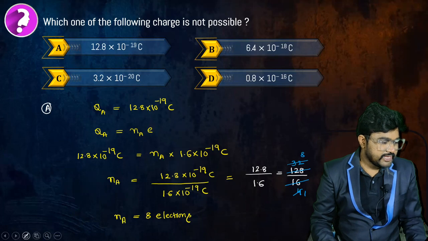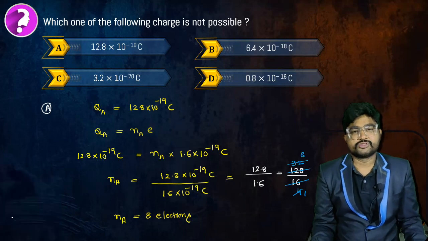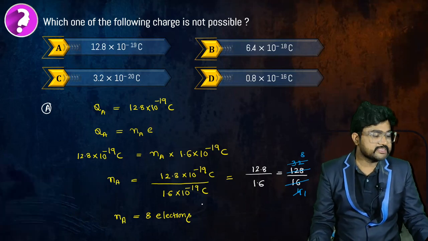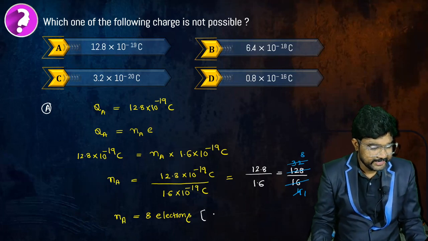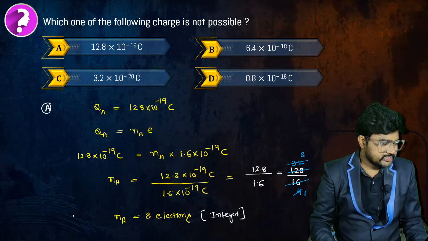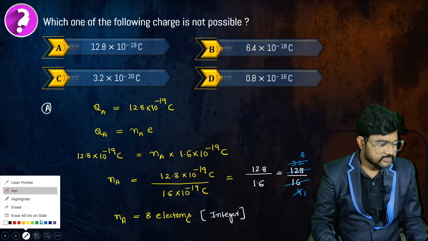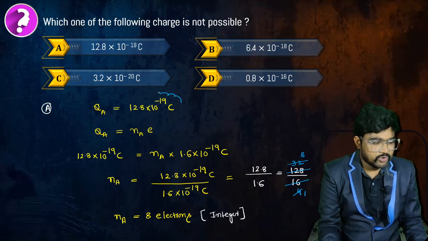So 8 is an integer value, a possible value. That means this charge is possible. You got an integer value for the number of electrons.